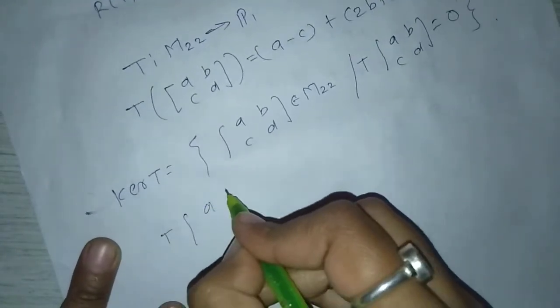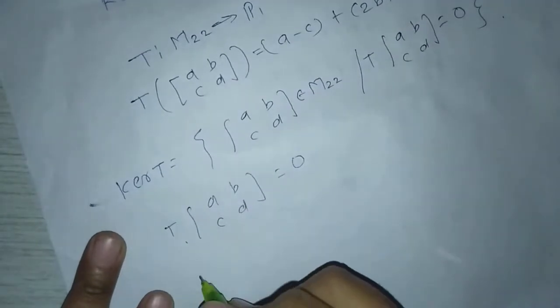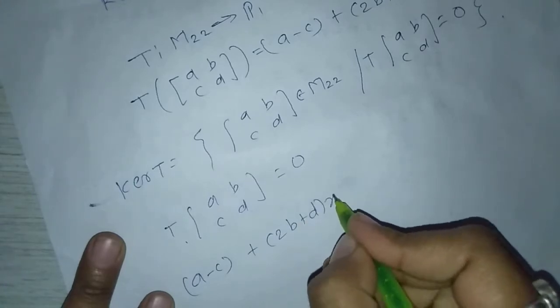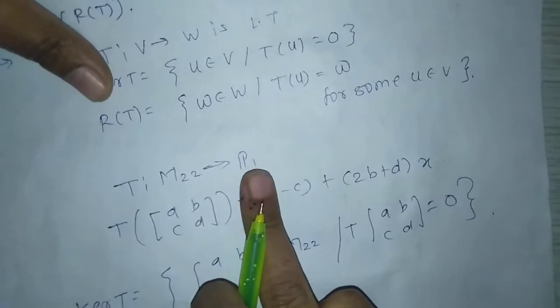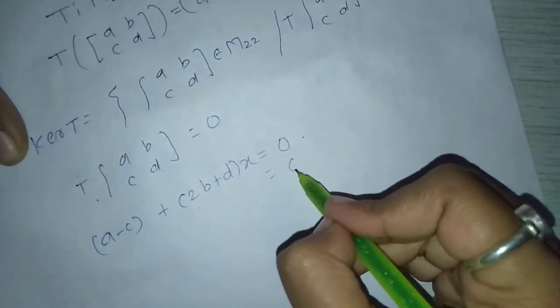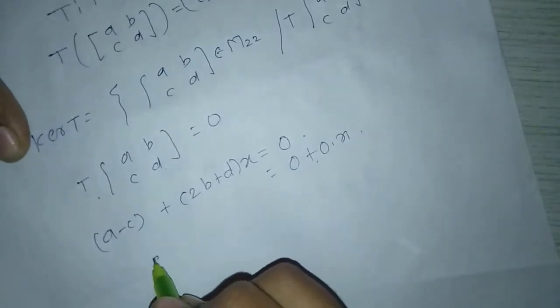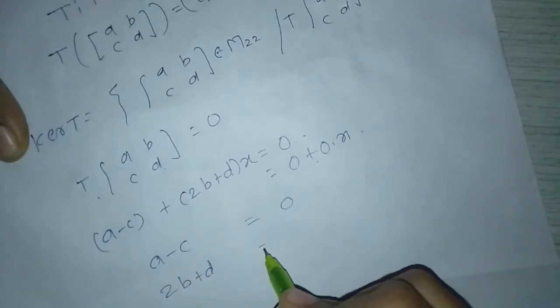Now T of ABCD is A minus C plus 2B plus D into X equal to 0, and this 0 belongs to P1, so 0 can be written as 0 plus 0 into X. Now comparing these two, we get A minus C equal to 0, 2B plus D equal to 0.